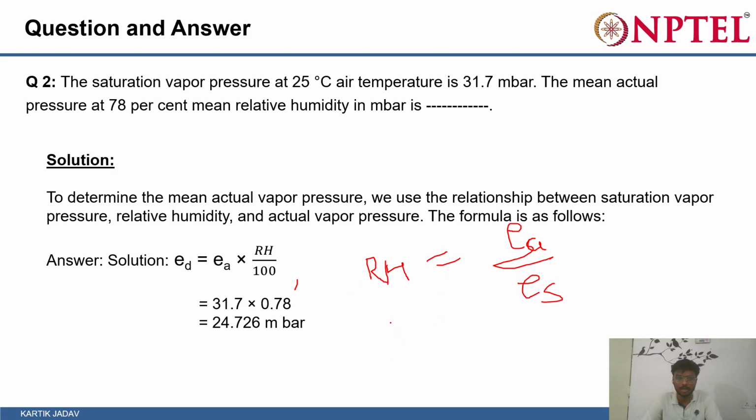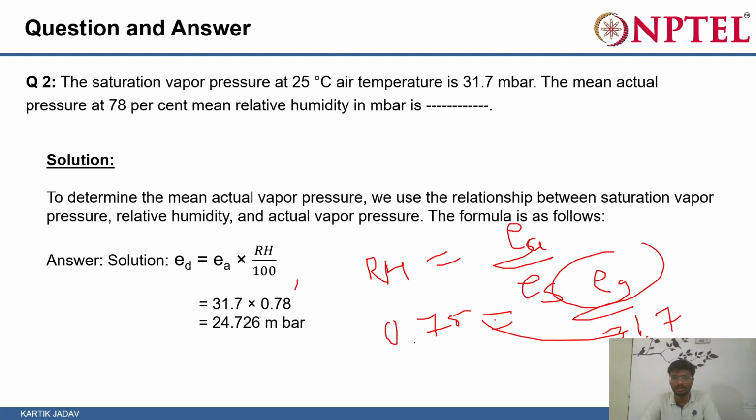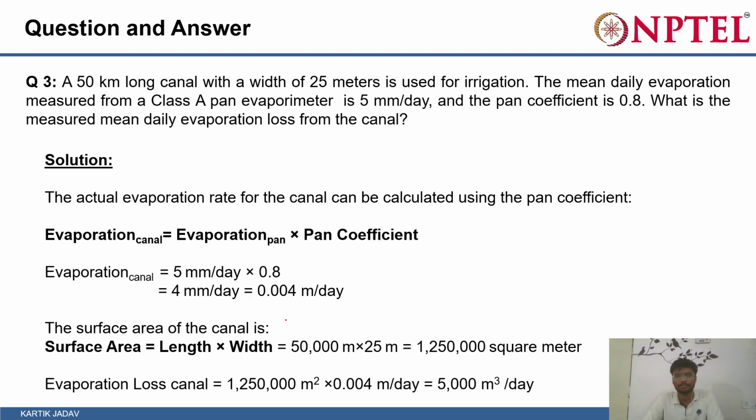Here relative humidity is given as 78%, or 0.78, and the saturation pressure is given as 31.7. Once you multiply these, you will get the actual vapor pressure, that is 24.72.